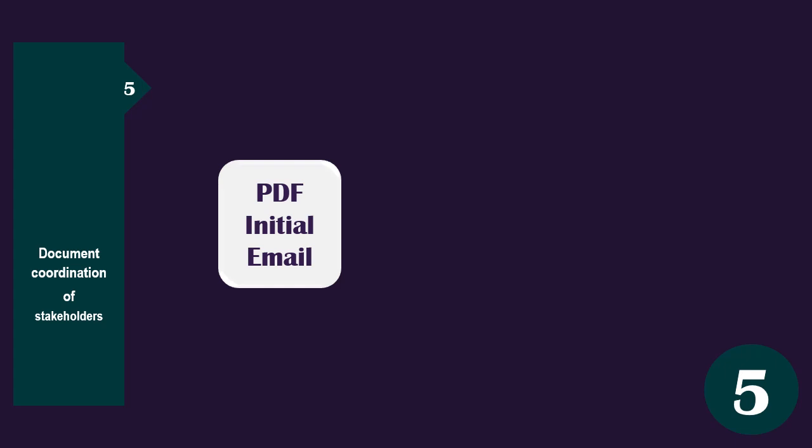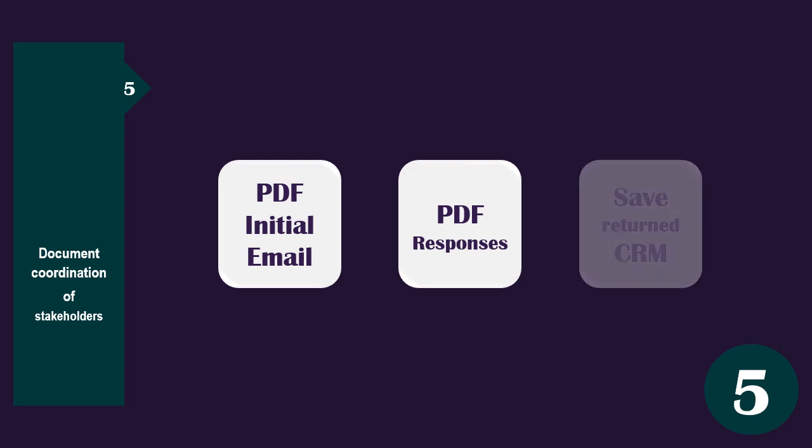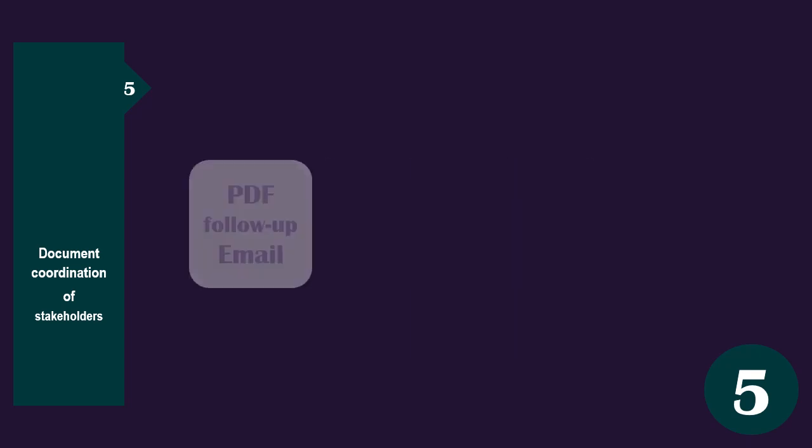Second, you will create and save a PDF of any responses with a copy of their returned comment review matrix, commonly called a CRM. If you have not received a response within 10 days from any stakeholder, you will need to send a follow-up reminder and save a copy of that as well.